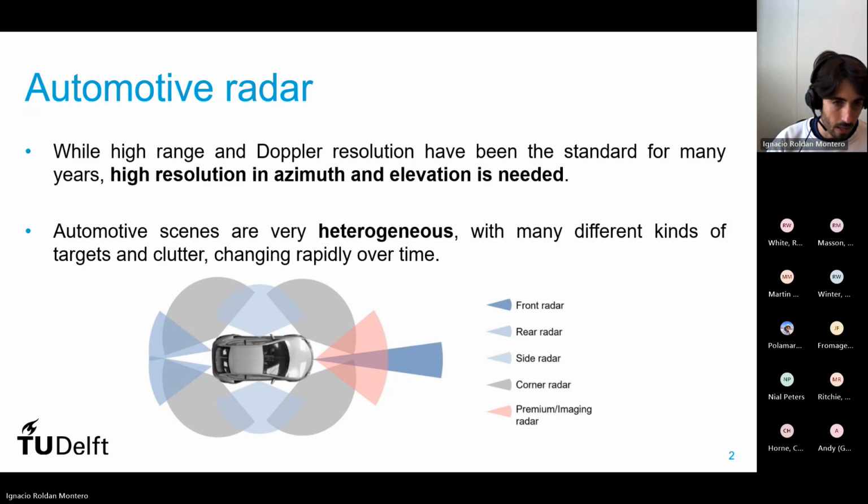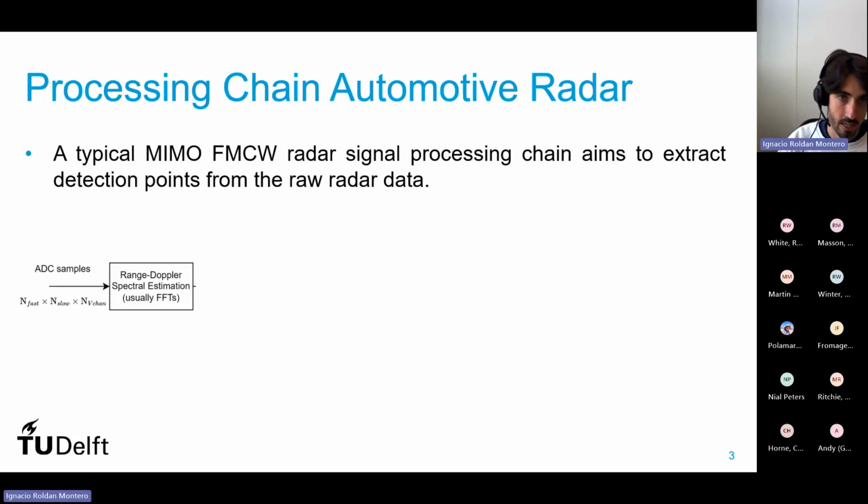The common processing chain of these automotive radars, well, this is the common processing chain for MIMO FMCW. Now, some manufacturers are starting to use other kinds of modulations, not FMCW, but still the standard is FMCW.